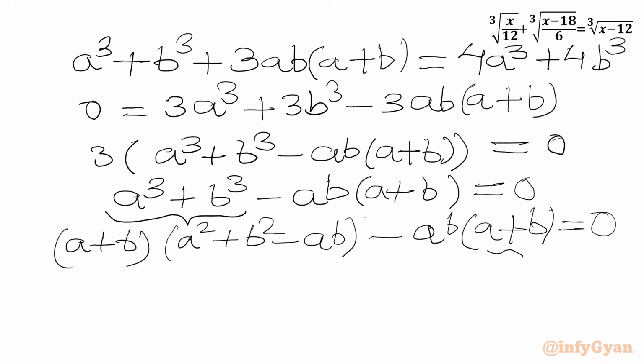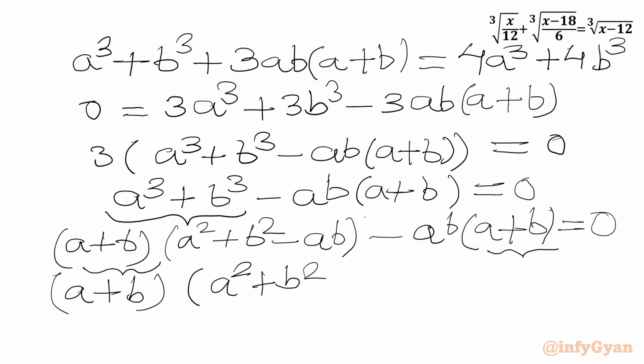Now a plus b is overall common. So we will take a plus b common out. In the other bracket we will write a square plus b square minus ab equal to 0.